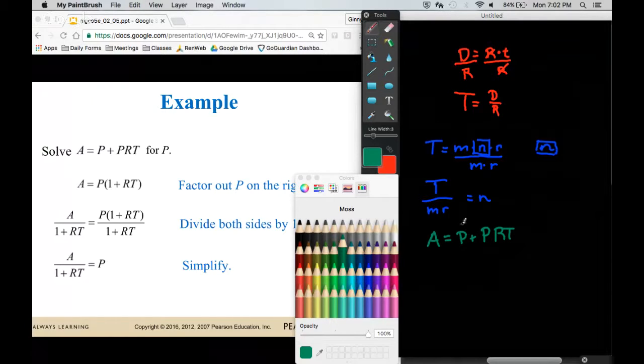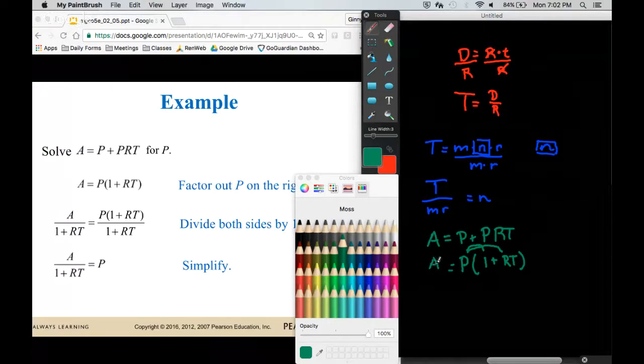Anytime you have an addition sign, look on each side of it and see if there's something on each side that you can pull out from that addition property. In this case, you can pull out the P, and you're left with 1 plus RT. Because if you distribute this P back through, you would get P plus PRT, which is the same as your original equation.